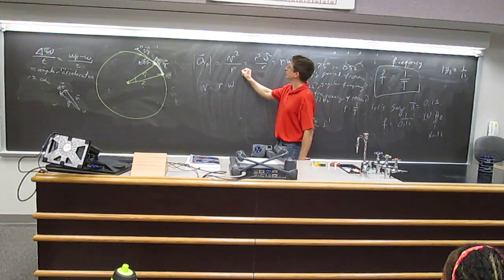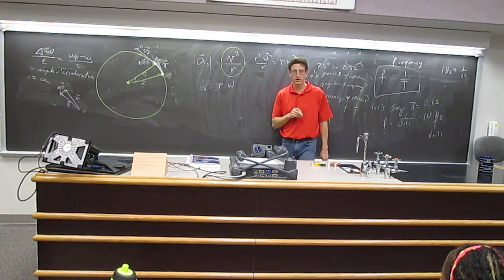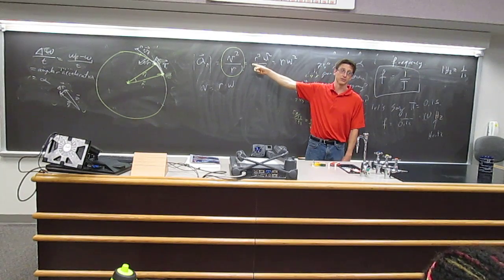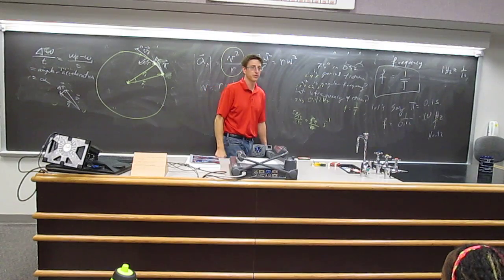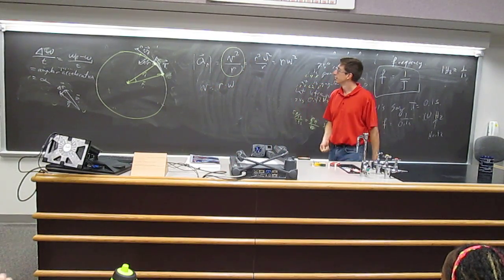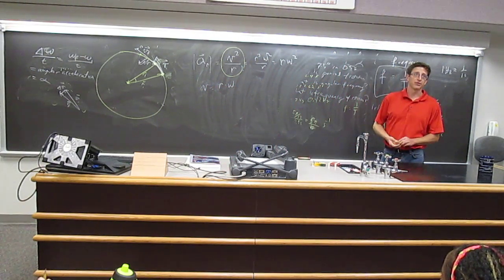So this is the condition for the magnitude of the centripetal acceleration. We didn't derive this magnitude, but we did sort of give an argument for the direction. The direction points towards the center of the circle.